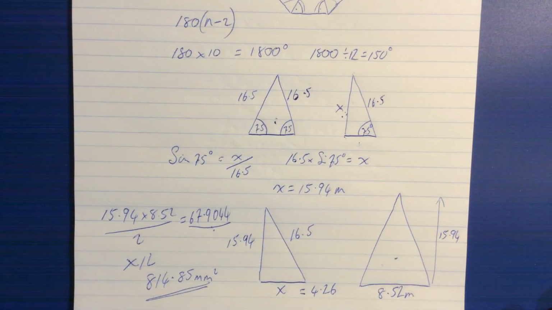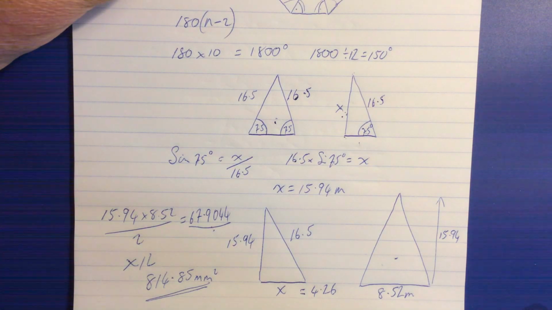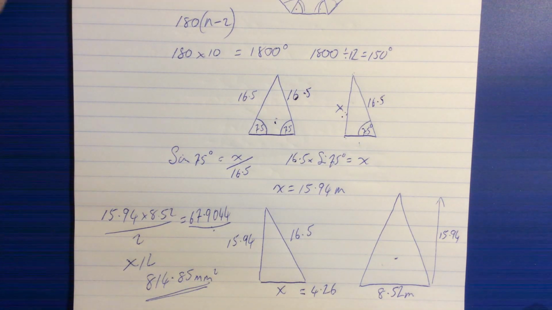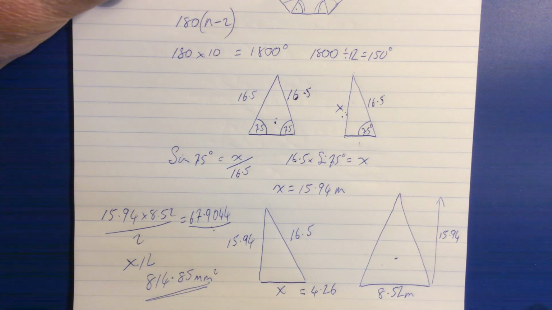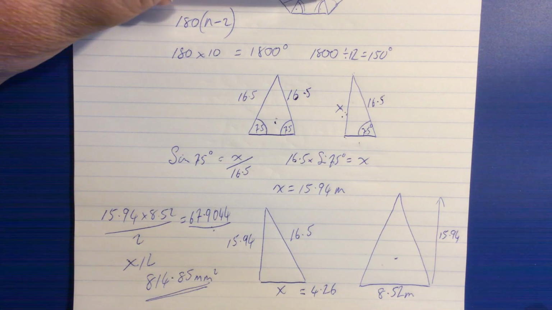So I hope you were able to follow what I did. Basically, I used a couple of very simple principles. This is a regular polygon, so all the angles on the inside of it will be the same. I figured out what one of those angles would be. This thing is constructed out of a series of triangles.